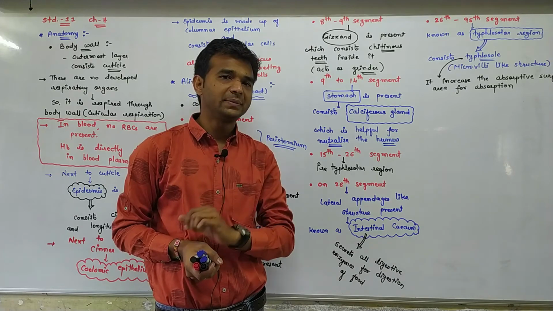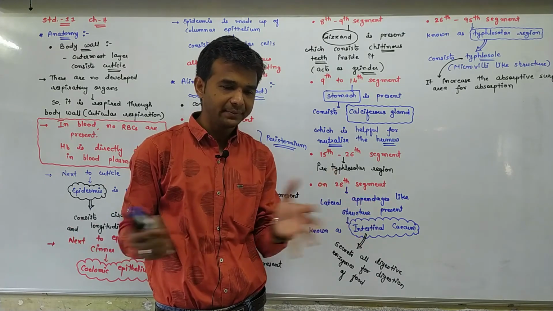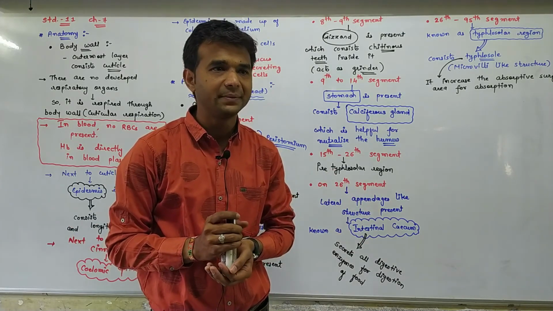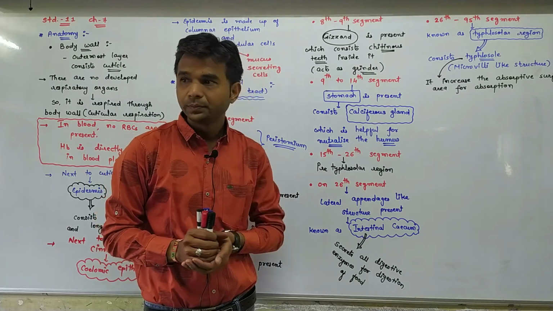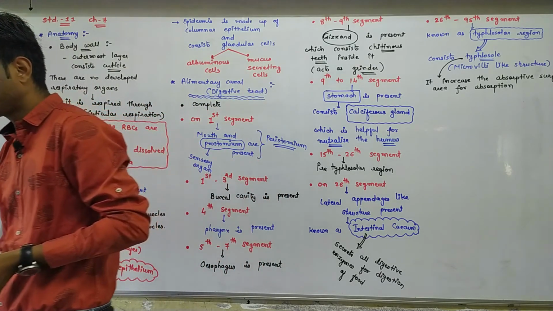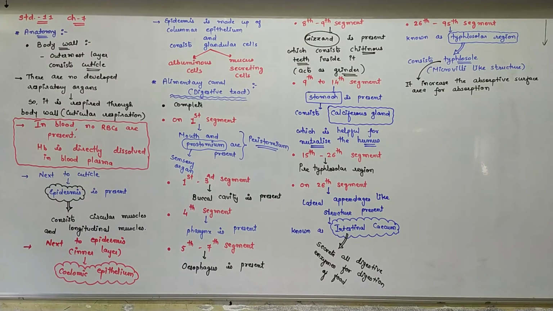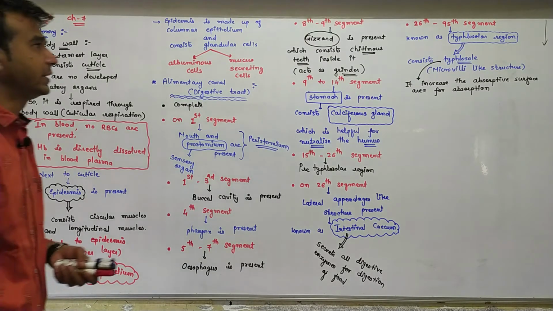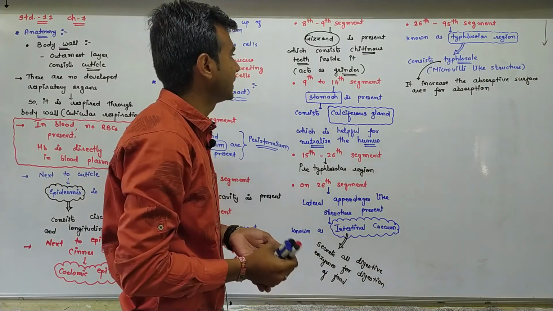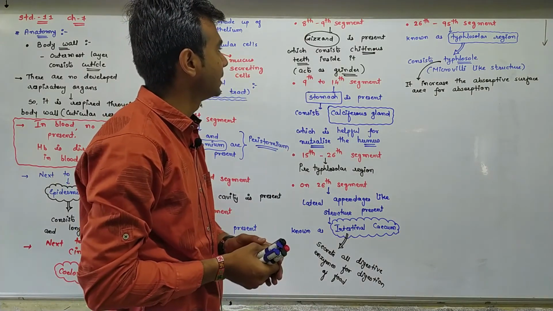What is the function of the microvilli? They increase the absorptive surface area for absorption. So in the 26th to 95th segment, typhlosoles are there.